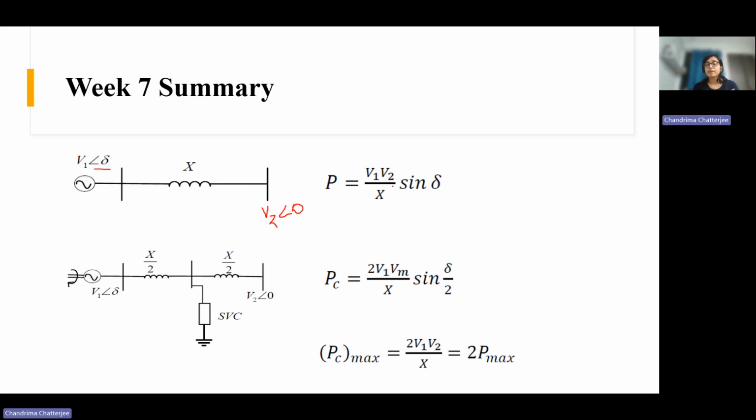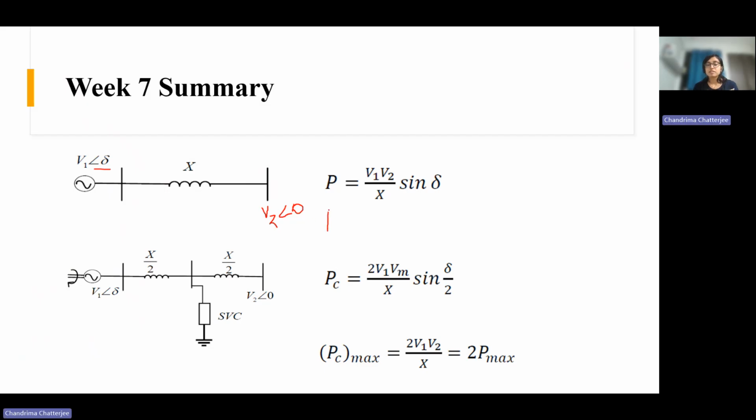And then what is the maximum value? Obviously, the maximum power will be when delta is equal to 90 degrees. In that case, P is equal to V1 V2 by X. That is the maximum power.